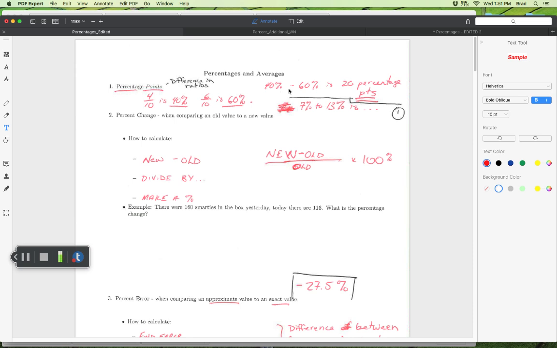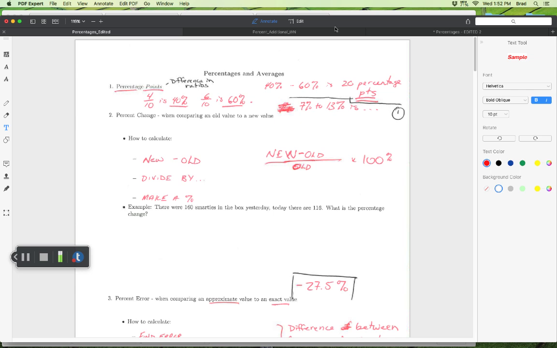So 40% to 60% is a jump of 20 percentage points. In other words, we're looking at these ratios, 4 out of 10 and 6 out of 10, and we're just looking at the difference in what those ratios simplify to. One simplifies to 40% and one simplifies to 60%. In the same way, 7% compared to 13% is a difference of 6 percentage points.